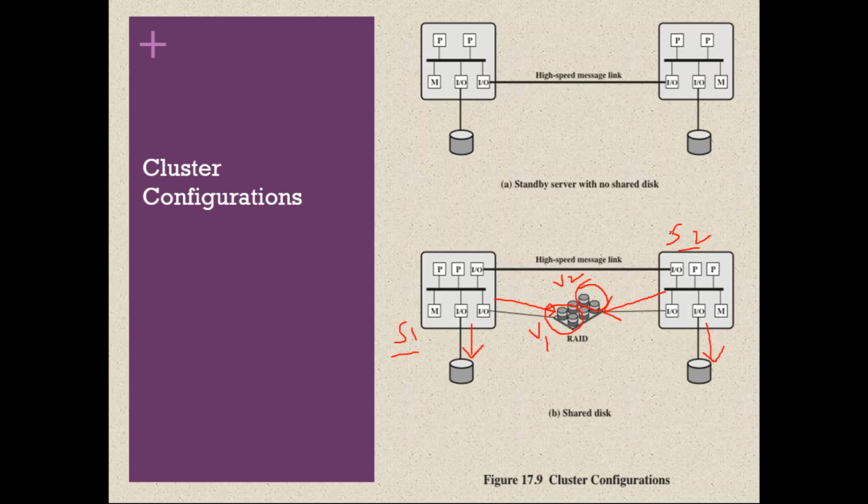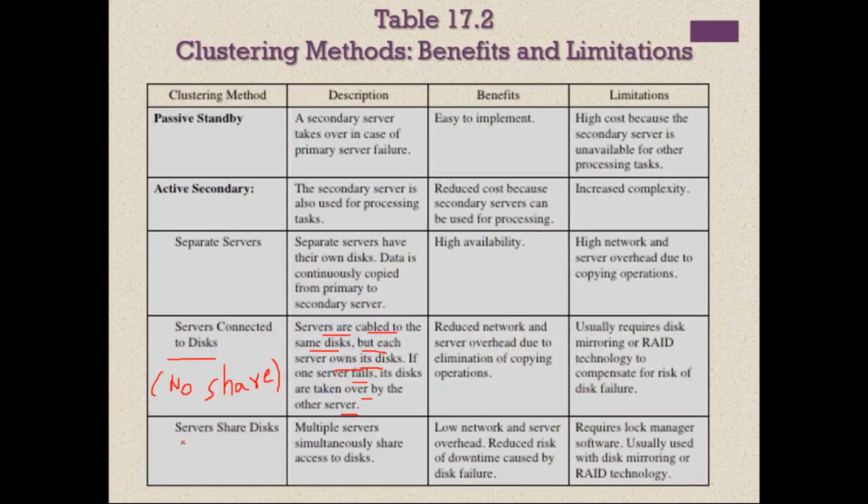The storage is cabled to both servers, but it is partitioned. Suppose server 2 fails, then server 1 will play the role of server 2. At that time it will take over volume 2, going through some mechanism to get access to it. Otherwise it won't have access to volume 2. That is why it is called no share. They are just cabled to the common disk, but normally it is not shared. V1 and V2 are not shared, but if one server fails, the other can get access to the other volume.